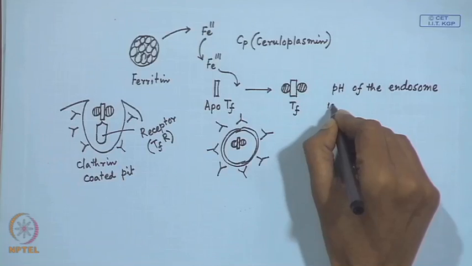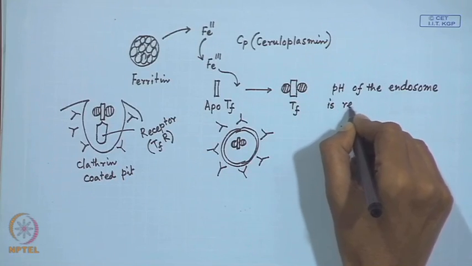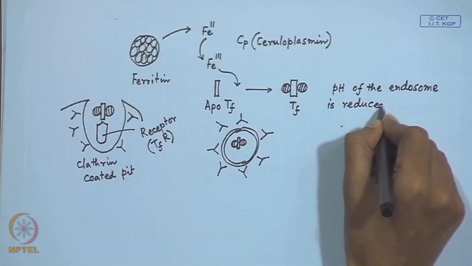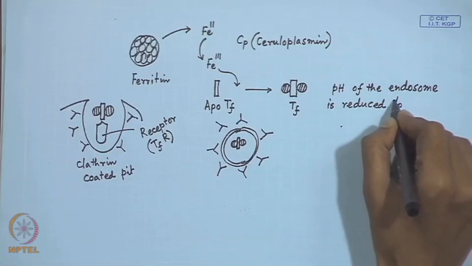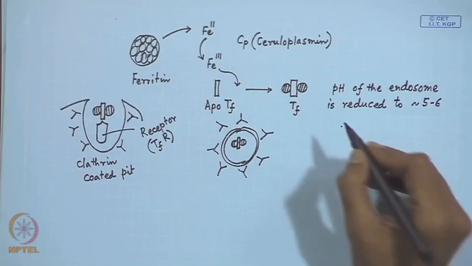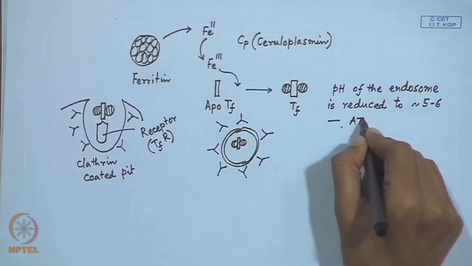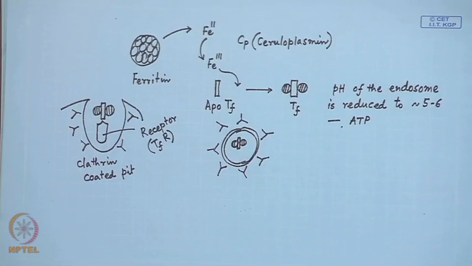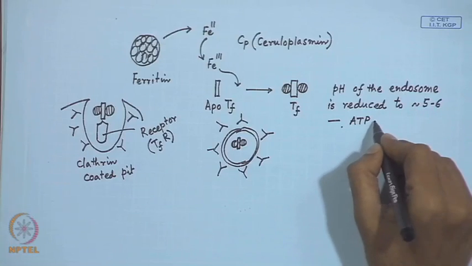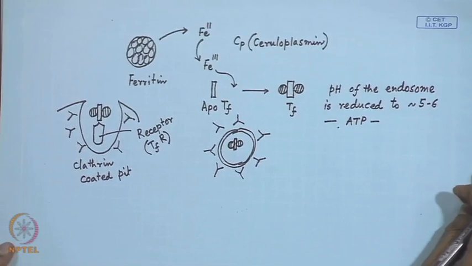So, the pH of the endosome is next reduced to say roughly 5 to 6 by an ATP dependent proton pump. Because we all know that the ATP can control the pH of a particular medium.